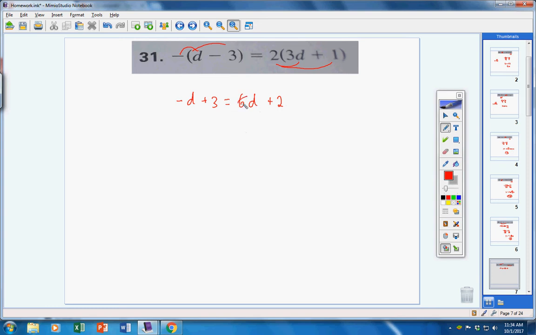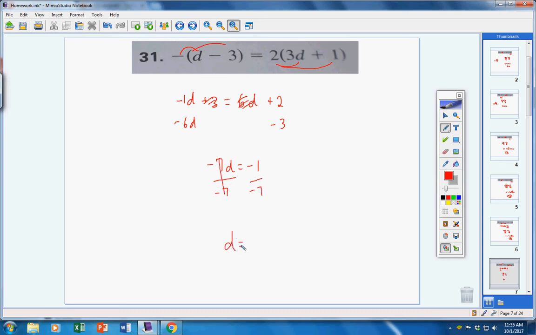Next, variable terms to one side, constant terms to the other. Don't forget, there's a negative 1 here, negative 1, negative 6, negative 7, positive 2, negative 3, negative 1. Okay? Divide both sides by negative 7. These cancel.